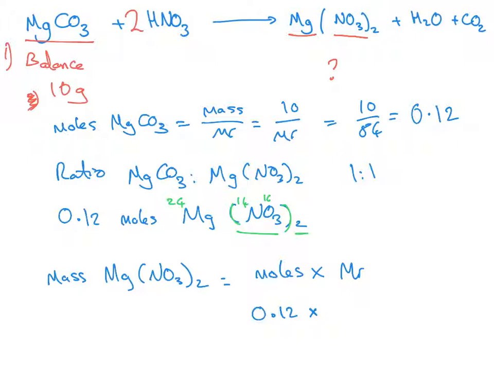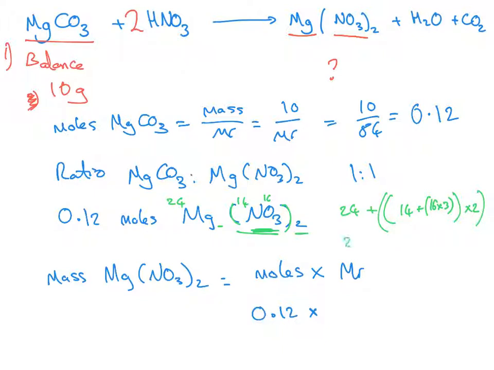The magnesium is not doubled, I've only got one magnesium. So my calculation will be 24 add 14 for the nitrogen, add 16 times 3, because I've got 3 lots of the oxygen. But then that whole bracket has to be doubled, okay? So I'm going to times that bracket there by 2.